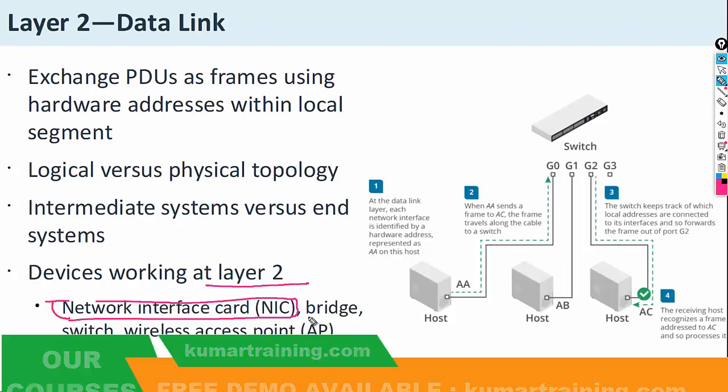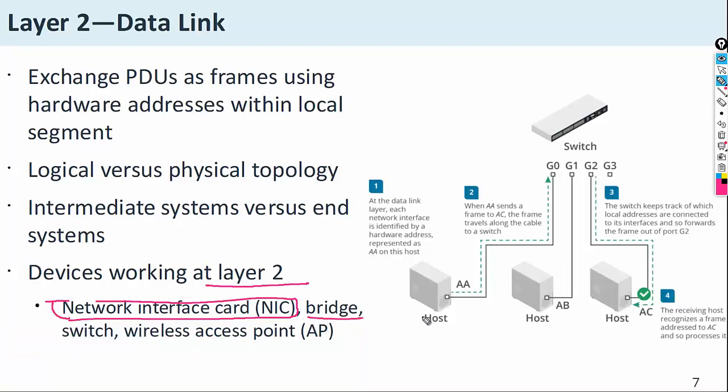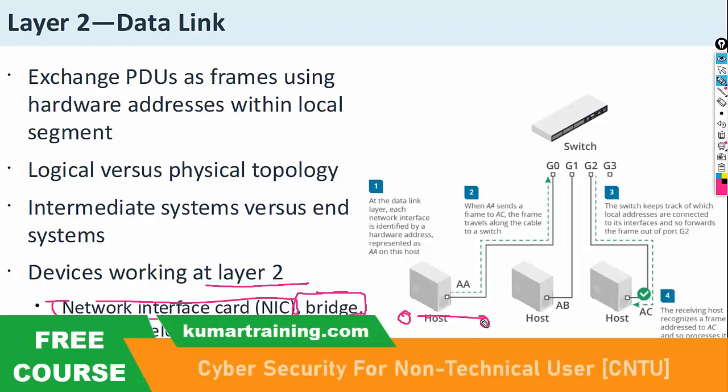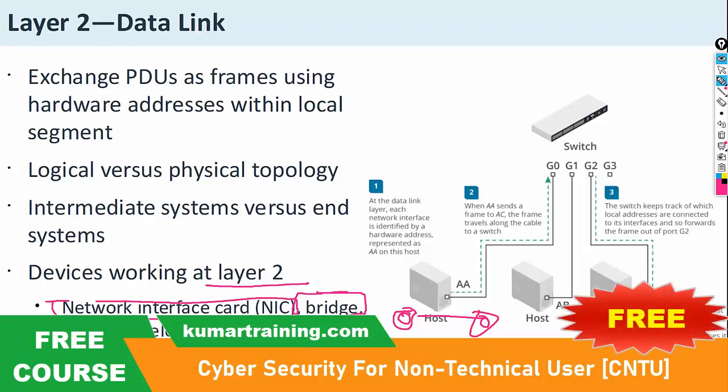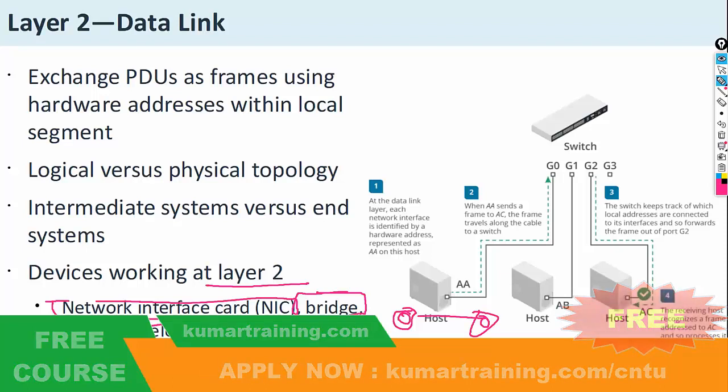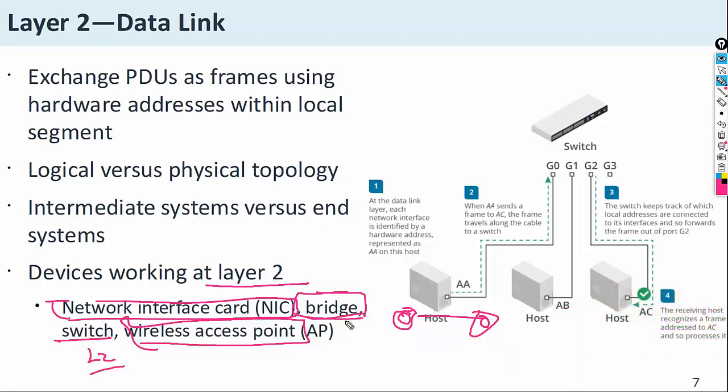A bridge is a network device which communicates between two networks, network A and network B. There are also L2 switches and wireless access points, which enable communication between the wireless and wired medium.